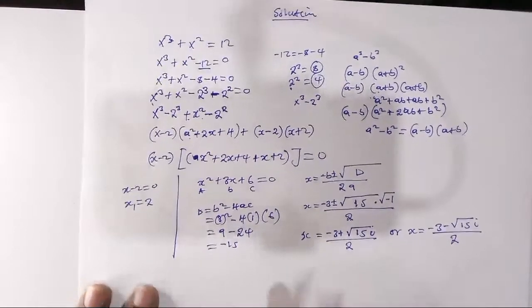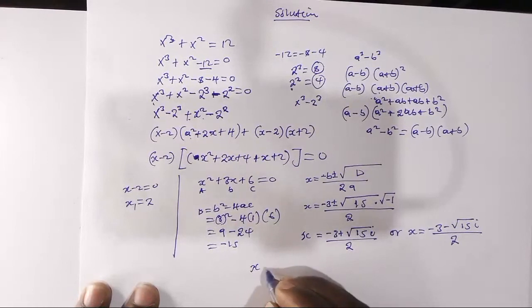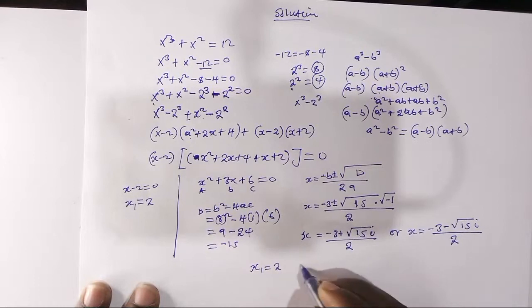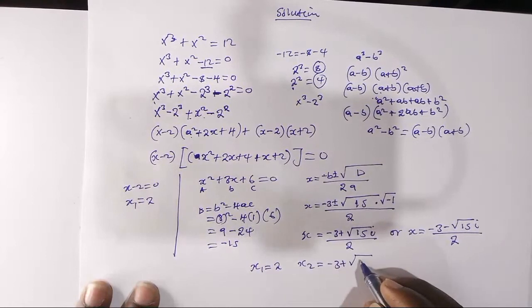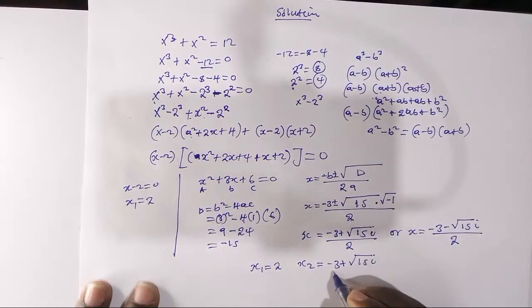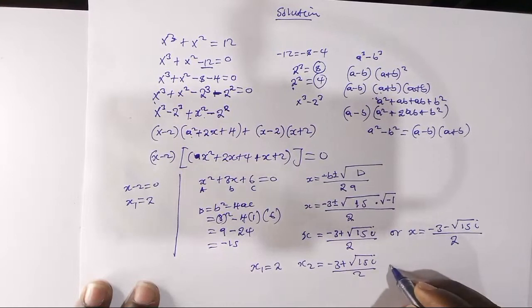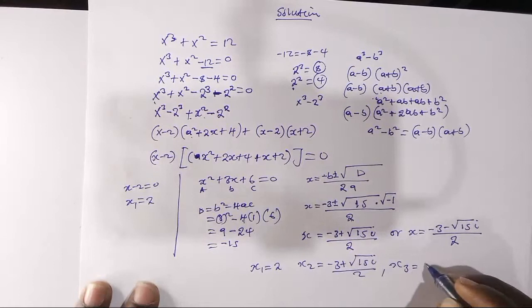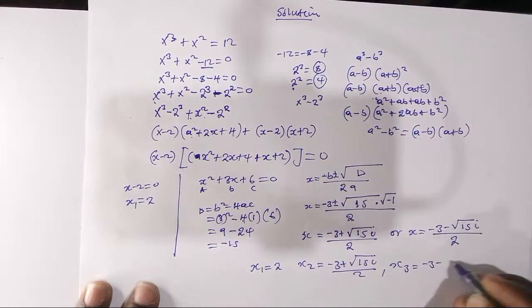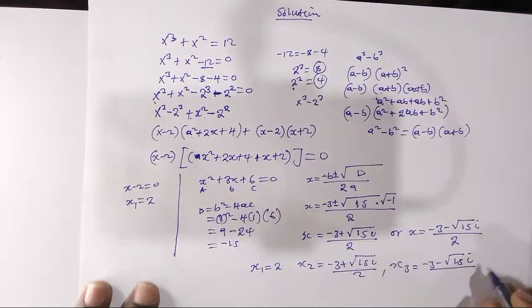So the values of x: x1 equals 2, x2 equals minus 3 plus the square root of 15 times the square root of negative 1, divided by 2, and x3 equals minus 3 minus the square root of 15 times the square root of negative 1, divided by 2.